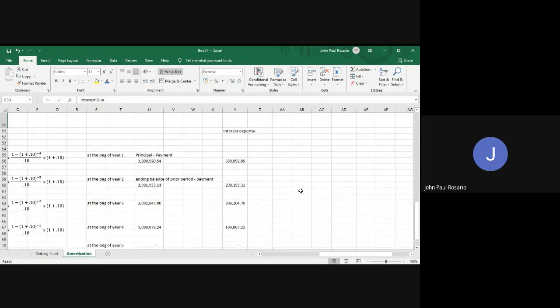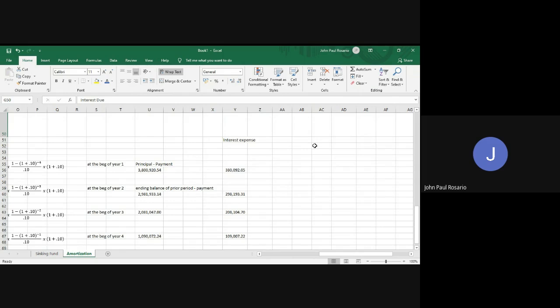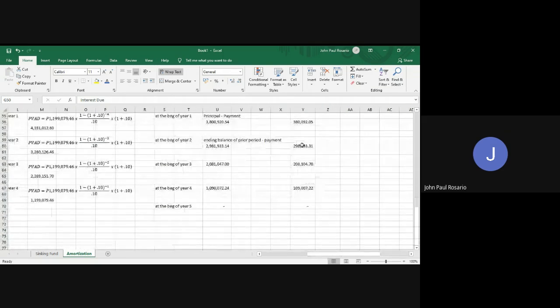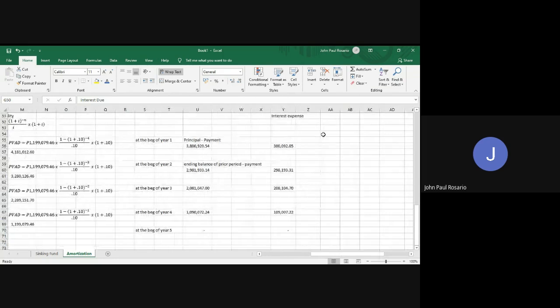So from basic expense, for the portion of the payments going to principal or to interest, the process is still the same. Okay? The process is still the same. So, let's just say here, portion of principal paid.